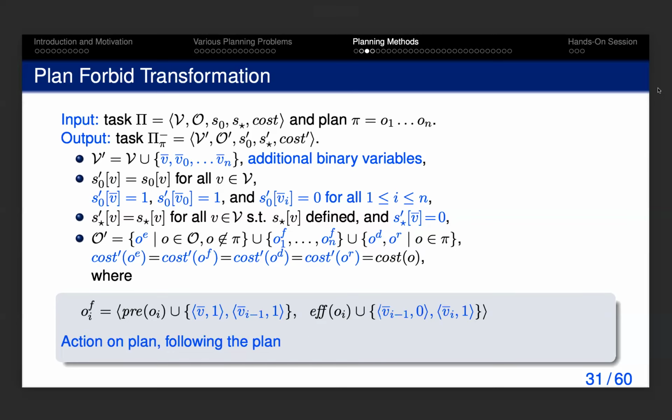Then the next one is an action on the plan in the right order. So basically, OI at the moment after OI minus 1 was applied. How do we trace it? We are using these variables, and we are setting the first one to 1, and then every time that we apply an action, like if we applied O0, O1, then we switch that one.